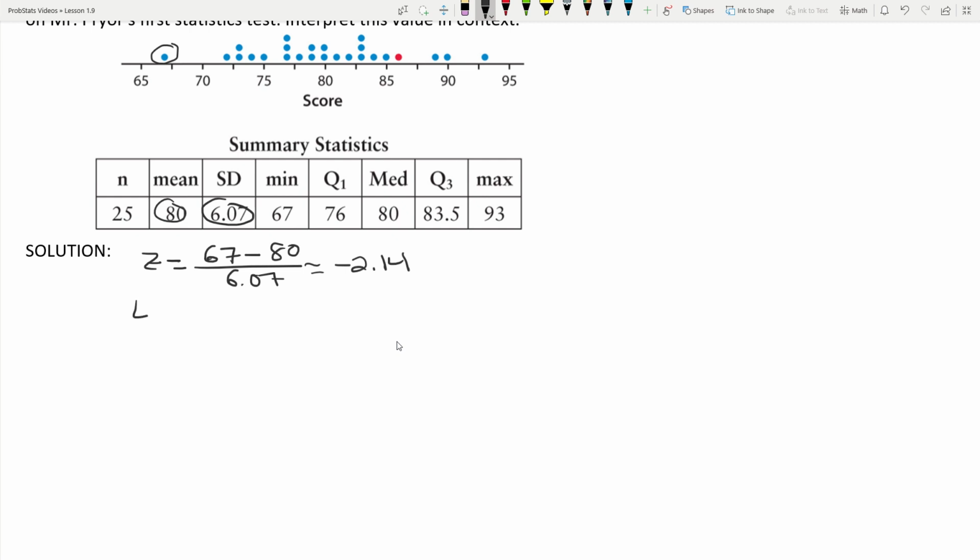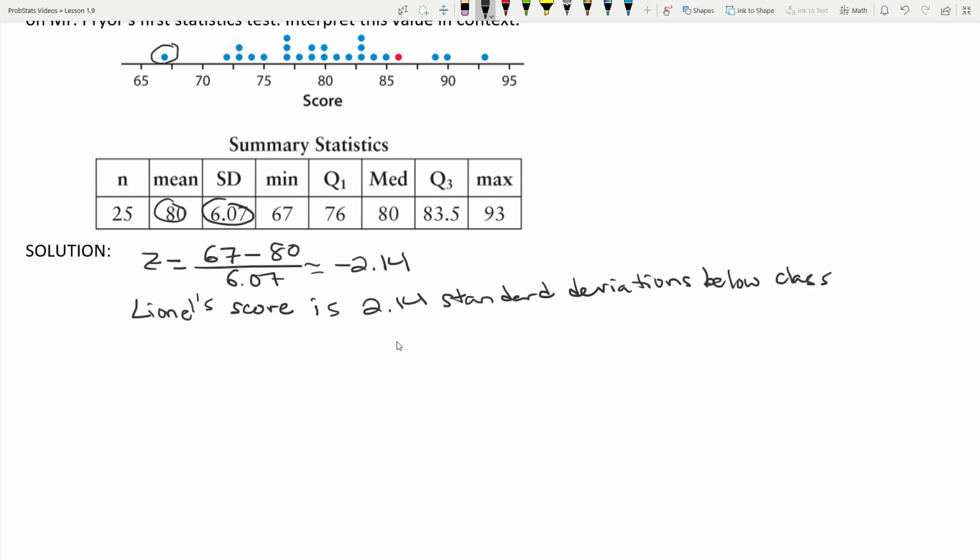So Lionel's score is 2.14 standard deviations below the class mean of 80.